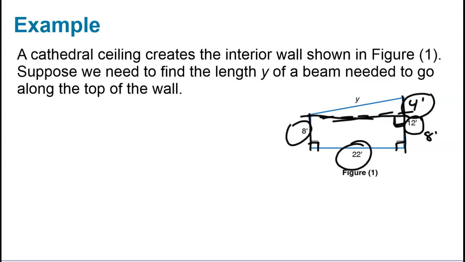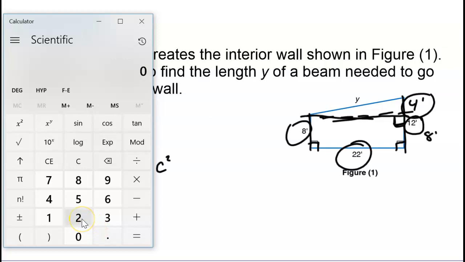And I know then that if I go a squared plus b squared equals c squared, that I can plug these values in. Go 22 squared plus 4 squared equals c squared, or in this case they're using the value y, but we'll go ahead and substitute that in. Let's get our calculator. And we'll say 22 squared is 484.